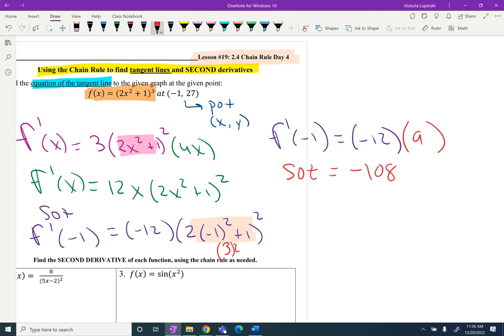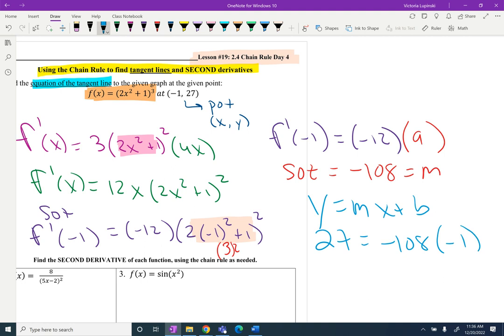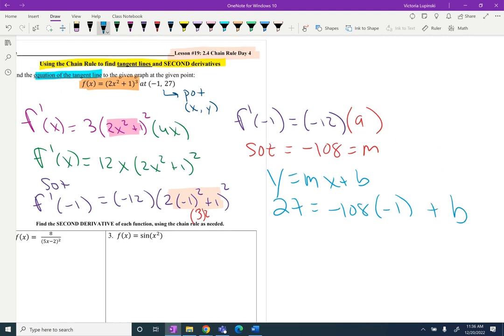Doesn't matter how big or small or fractionally or decimally these numbers are. It really doesn't matter at all. And of course, this is your M. Once you have your X, your Y, and your M, give yourself a nice fresh copy of Y equals MX plus B. 27 goes in for the Y. Negative 108 goes in for the M. Negative 1 goes in for the X plus B. A negative times a negative is a positive 108.